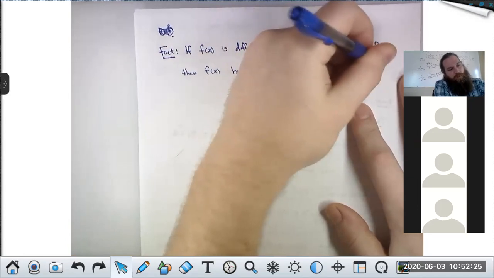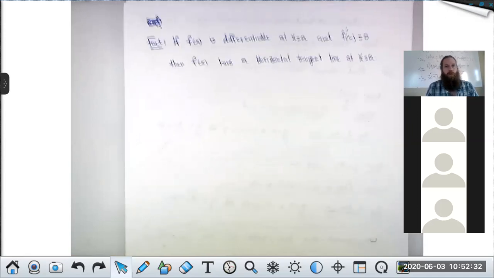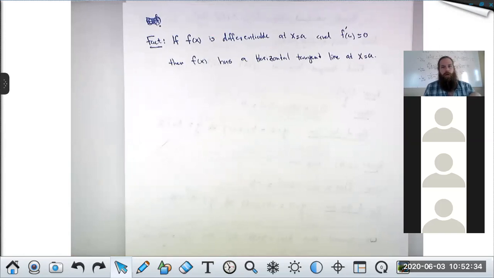At x equals a. I'm not calling it a theorem because it's really not a powerful enough result to call it a theorem. We know that f prime of a is the slope of the tangent line at x equals a. So if f prime of a is 0, then you have a horizontal tangent line.